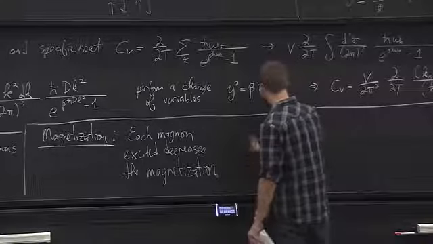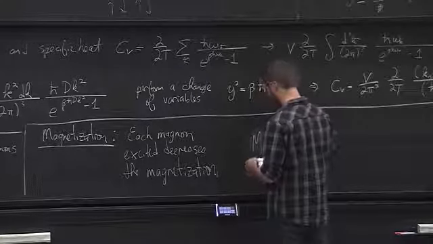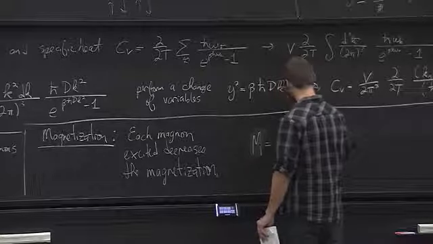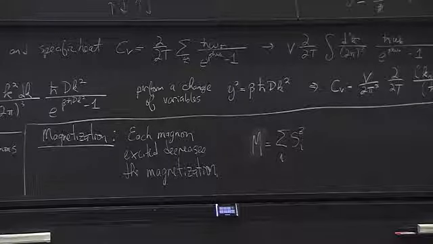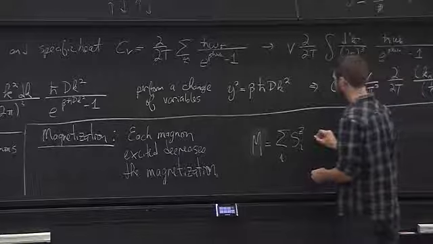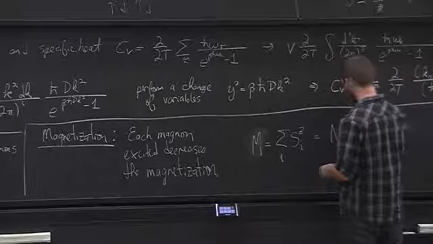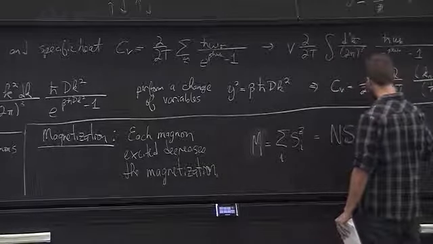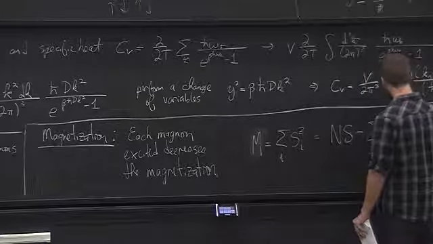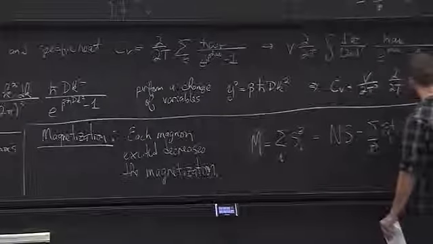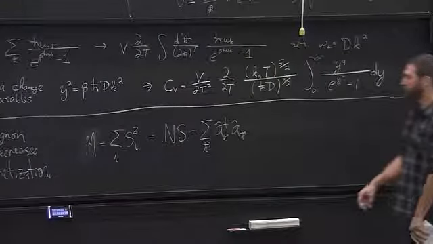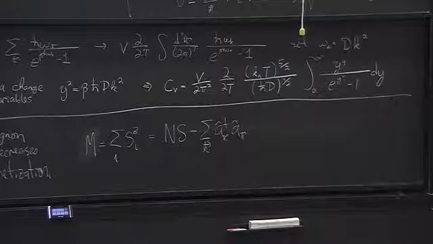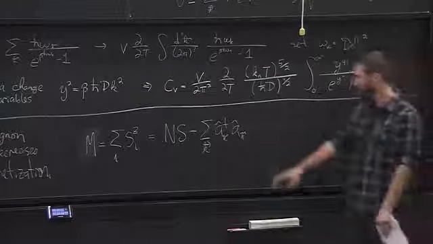Maybe M, big M. Alright, so it's the sum over all S_z components. And using my transformed operators, I can just write it as NS minus a dagger a.